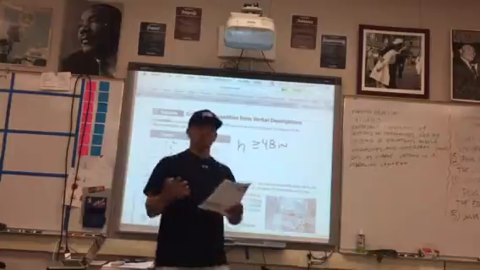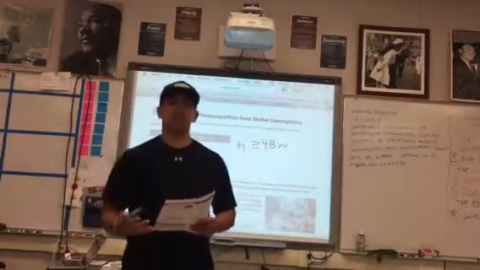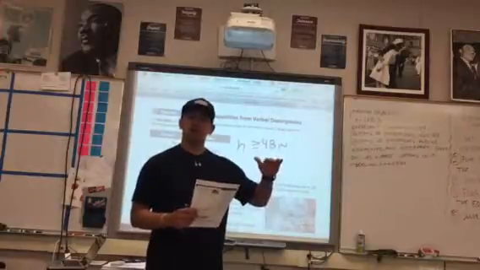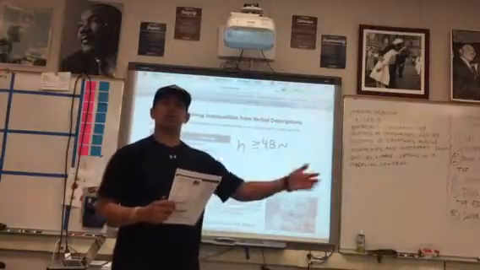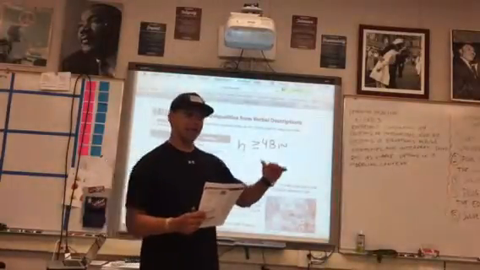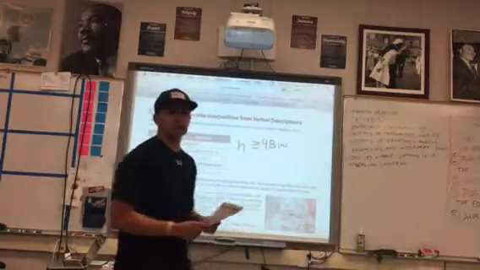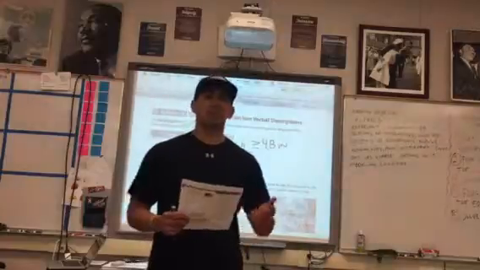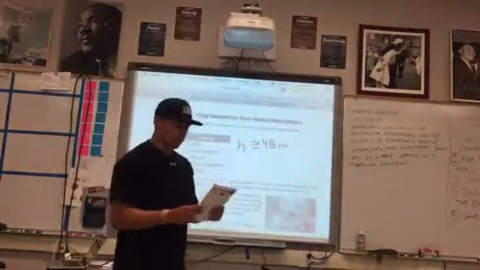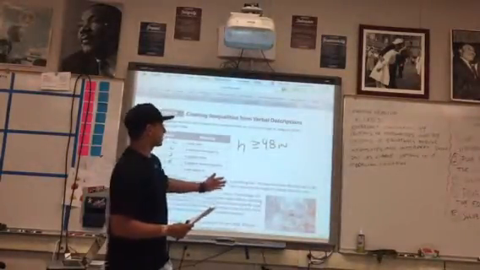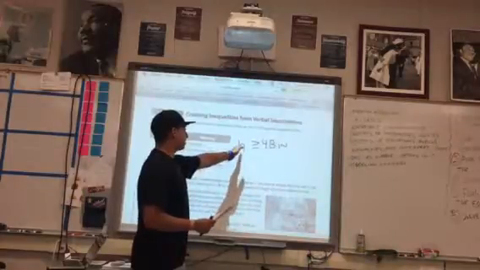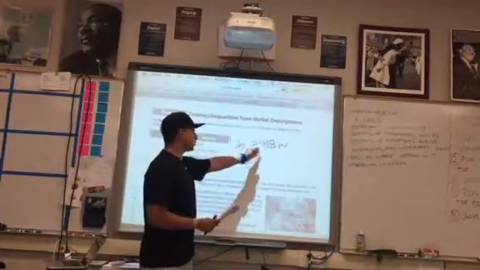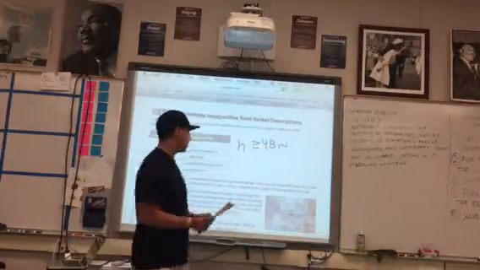You have to be 48 inches or taller. Some of your smaller siblings may not have been able to get on the ride with you. So this could be written as this inequality: height, or we're going to replace it with the variable h, is greater than or equal to 48 inches.